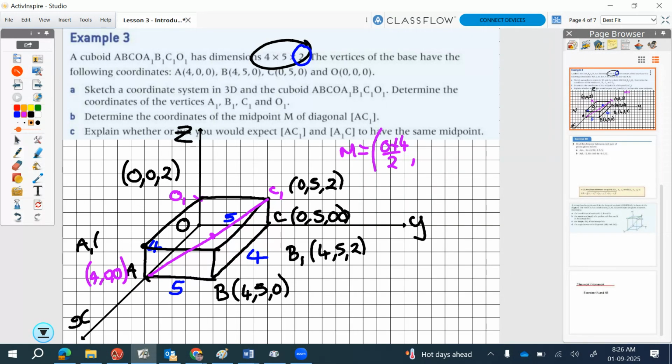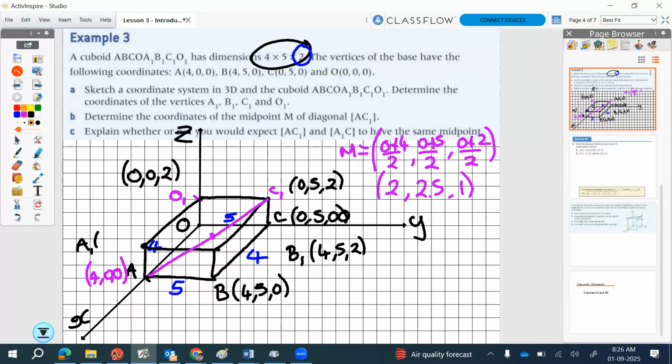We need 0 plus 5 over 2. And we need 0 plus 2 over 2. That's going to give us 2, 2.5, 1. This will give us the midpoint.